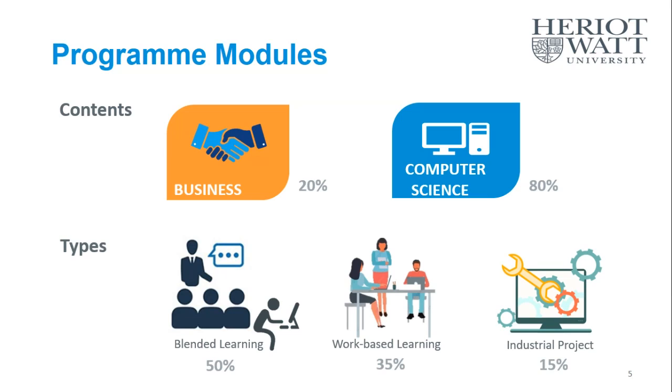50% of the modules actually are industrial projects. The main part of the industrial project happens in the 4th year, because the student needs to create their dissertation, their final year project, which will give you the degree.